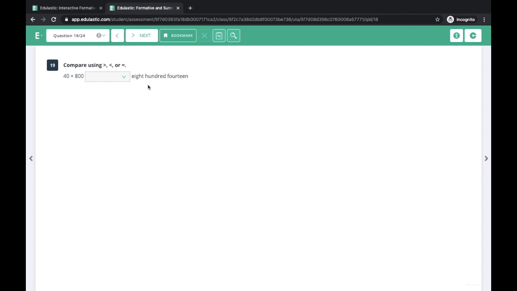Both numbers have an 8 in the hundreds place. So we would need to look at our tens place. In 840, we have a 4 in our tens place, while in 814, we have a 1 in our tens place. We know that 4 is greater than 1, so 840 must be greater than 814. So we're going to click our green arrow, and we're going to choose the symbol that is open to the bigger number.